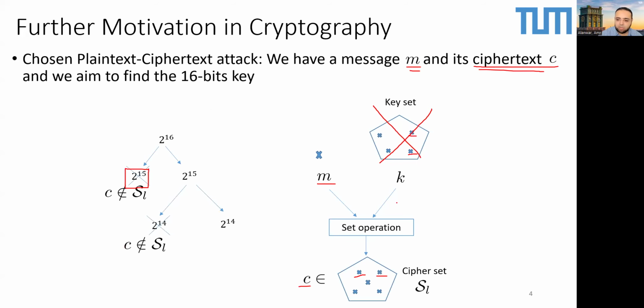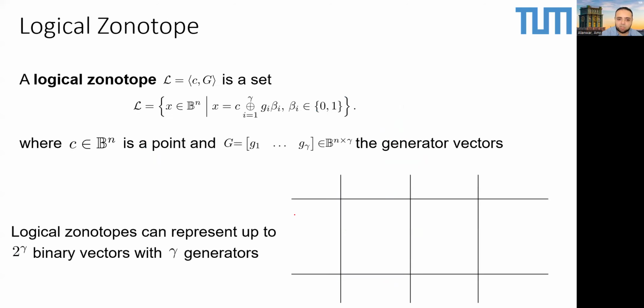But how to represent a set of keys, how to do the set operation? For all of this, we introduced logical zonotope, which consists of the following, inspired by the traditional zonotope in the continuous domain. So it consists of a point, C. This is the XOR symbol in the talk.